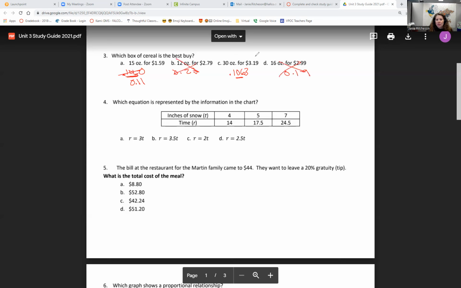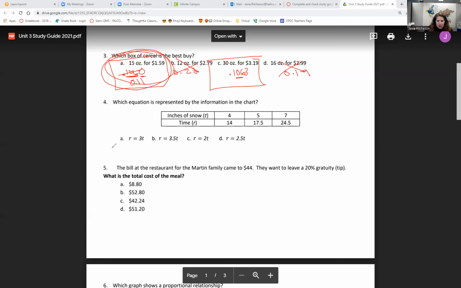So we're comparing these two. We've got to go all the way to the ten-thousandths place. So this would round up to 11 cents. This would be 11 cents as well. But 0.1060 is going to be slightly less than 0.1063. So A is the better buy.